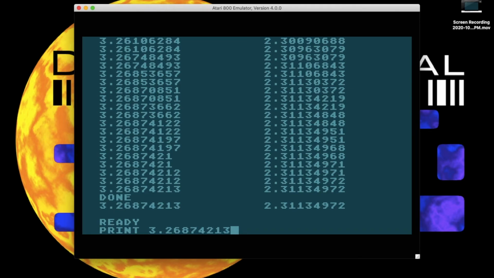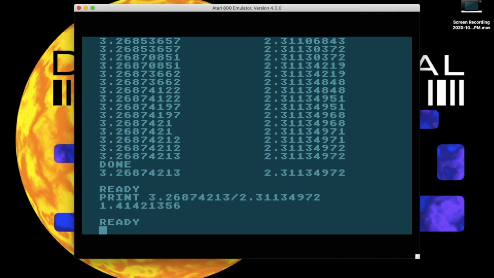3.268744213 divided by, let's look at that. Looks right. And then divided by 2.311344972. That looks pretty close to the square root of 2.